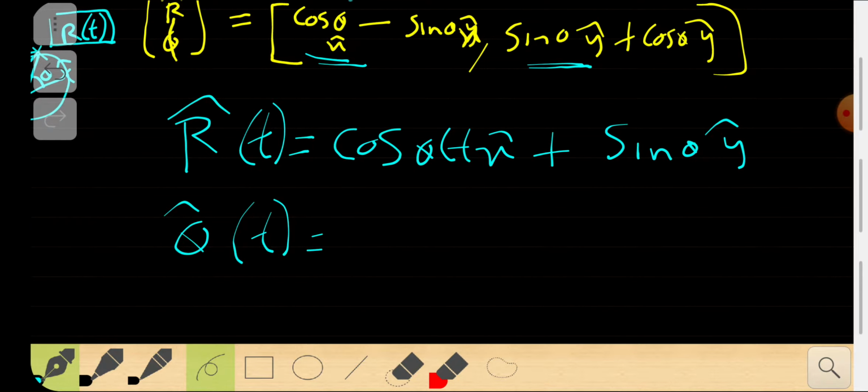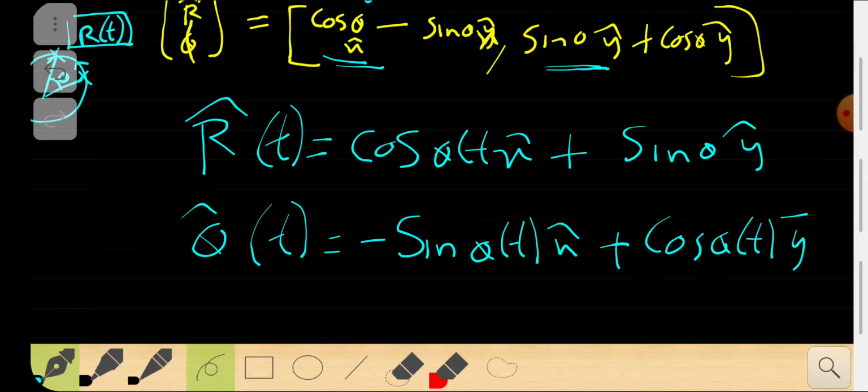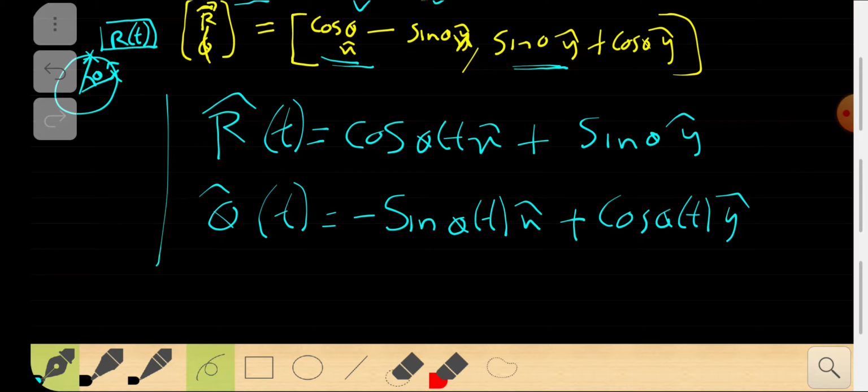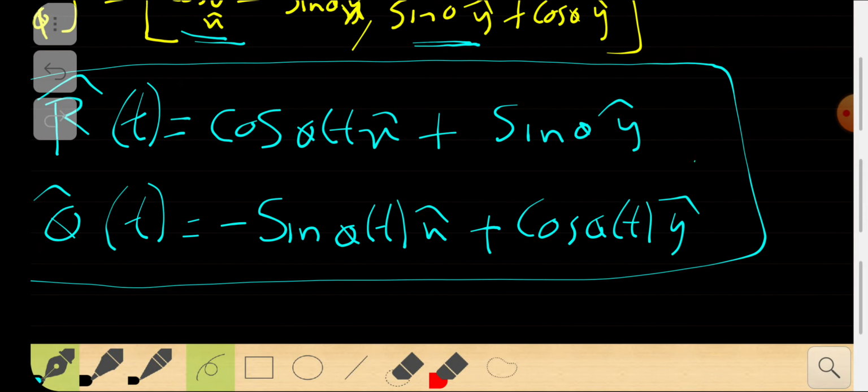I just call them r and theta, and theta of t will be minus sine theta of t in the x cap axis plus cos theta of t in the y cap axis. So that's the two unit vectors, positional vectors, that we get. This is the new transformed coordinates that we got.